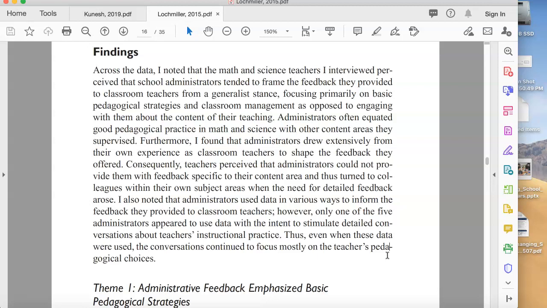So if this was an article that was really important for my work, which it happens to be personally, I would read all of this very carefully, and I would take notes on all the key findings and try to even pull in some of his quotations about what each finding means.